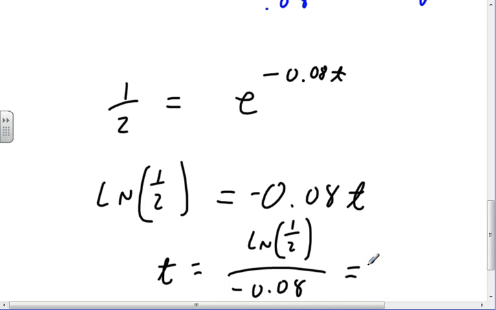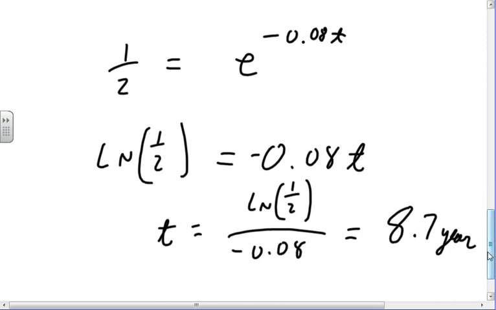This is why you don't retire; you continue on working. 8.7 years, if I could read my own calculator. 8.7 years. So at an 8% inflation rate, a fixed retirement is going to corrode very rapidly.